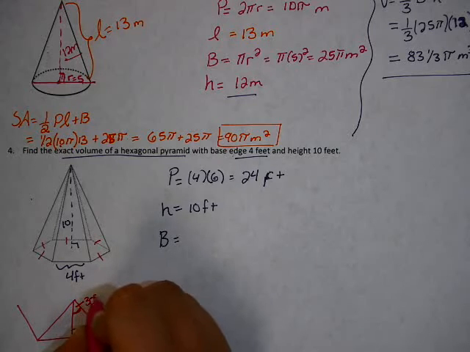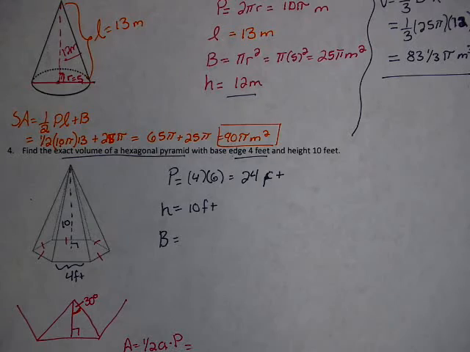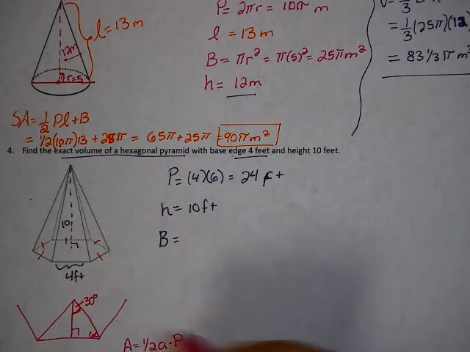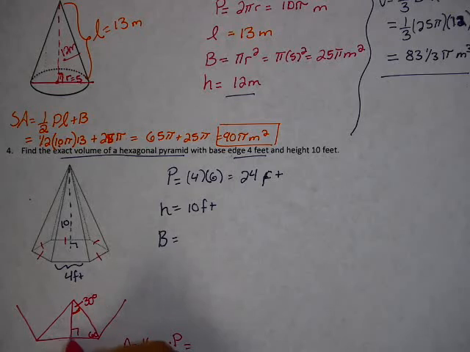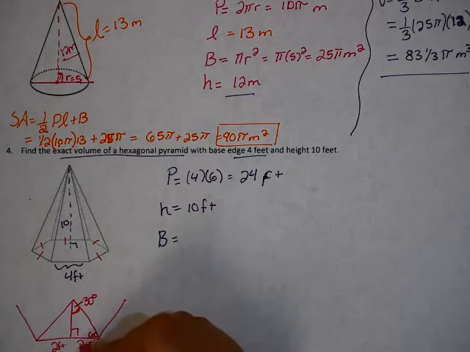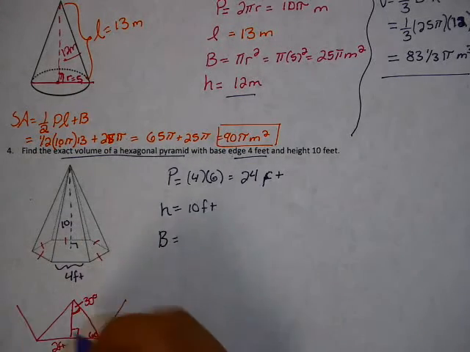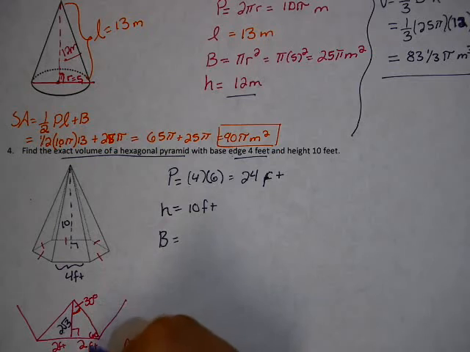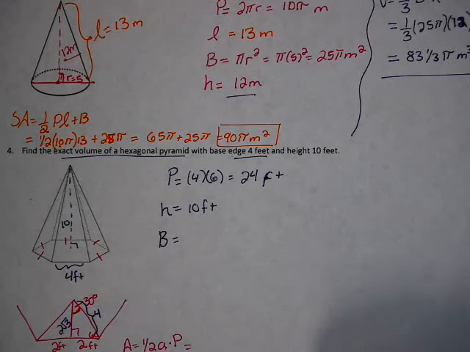So we're working with a 30, 60, 90 special right triangle. So this is 30, this is 60, and this apothem splits this into 2, so this is 2 feet by 2 feet. So our apothem would be 2 square roots of 3, since it's across the 60, and our radius would be 4.